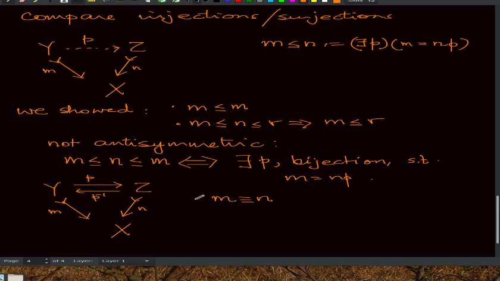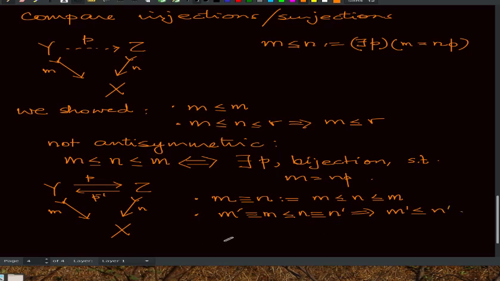So we said this to mean that M is less than or equal to N and N is less than or equal to M. And then we said that if M prime is equivalent to M, less than or equal to N, which is equivalent to N prime, then M prime is also less than or equal to N prime.